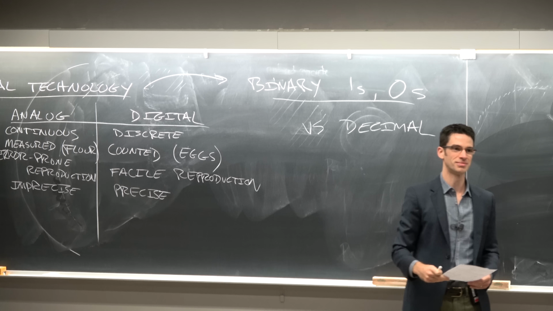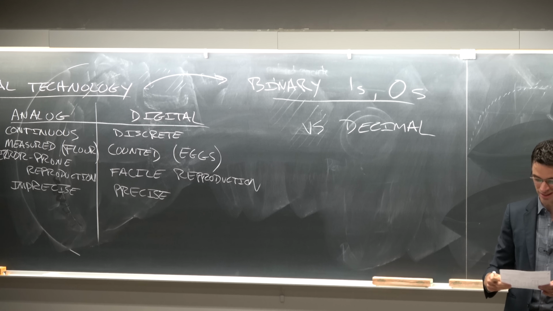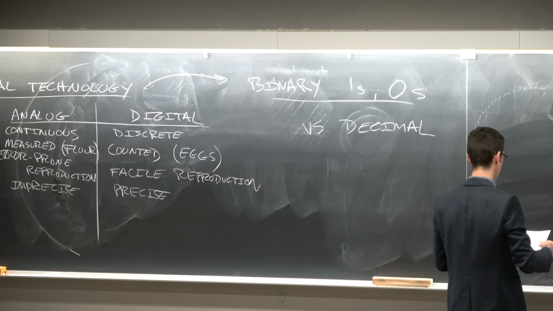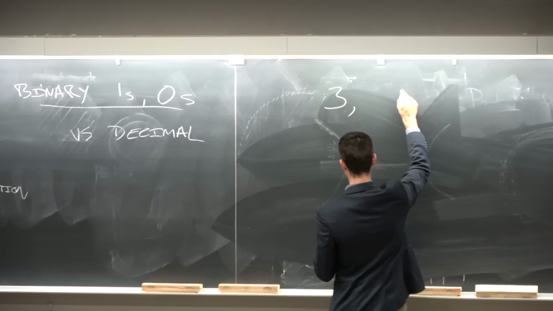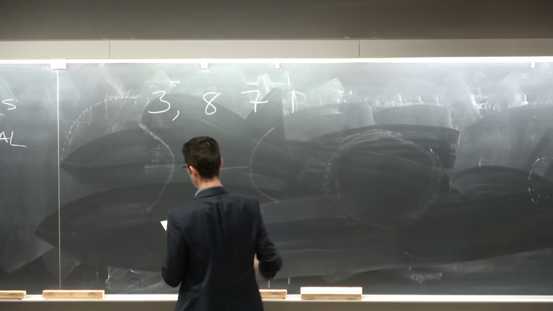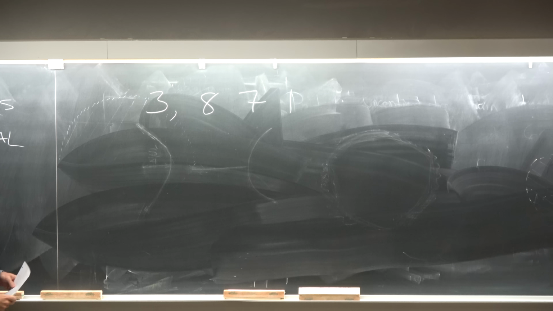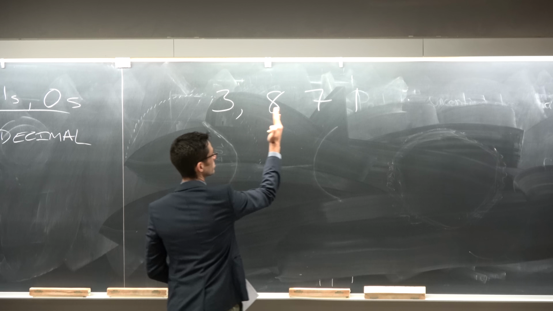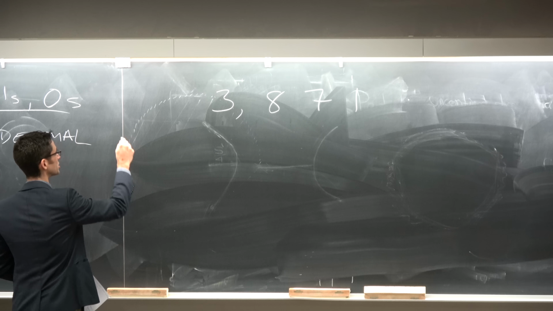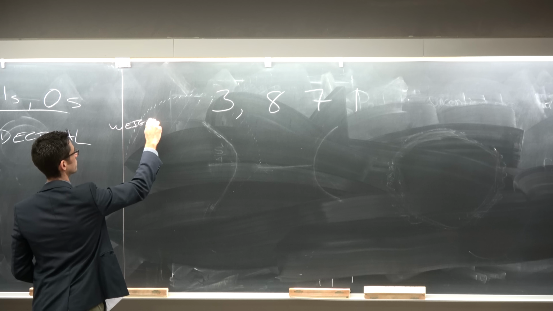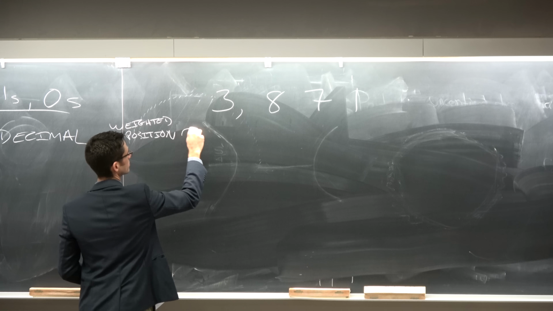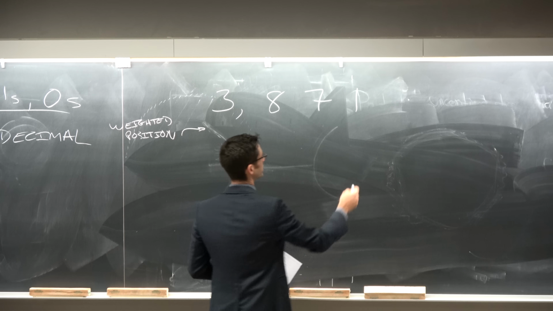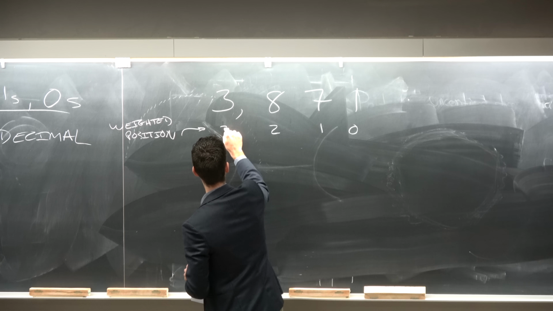We don't think, oh, I count in decimal. Yeah, well, everybody does. Let's break down a decimal number and see what we're actually doing in our head as we look at a number like 3,871. What we're doing implicitly by ordering the numbers in this sequence is we give each one a weighted position. The weighted position starts with 0, 1, 2, 3.